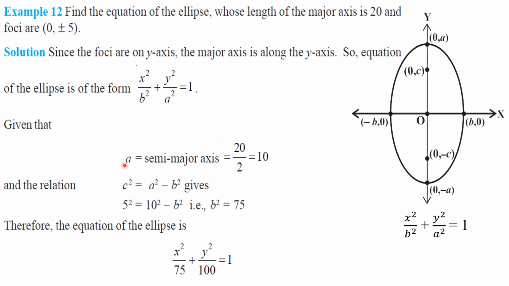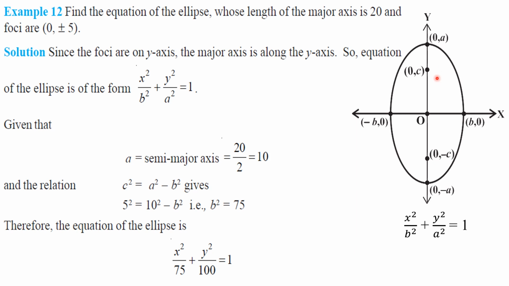So we got the value of A. After that we have to find the value of B. So by using this result, C square is equal to A square minus B square, the relation between A, B and C, we are finding the value of B. So what is C here? Yes, 5.